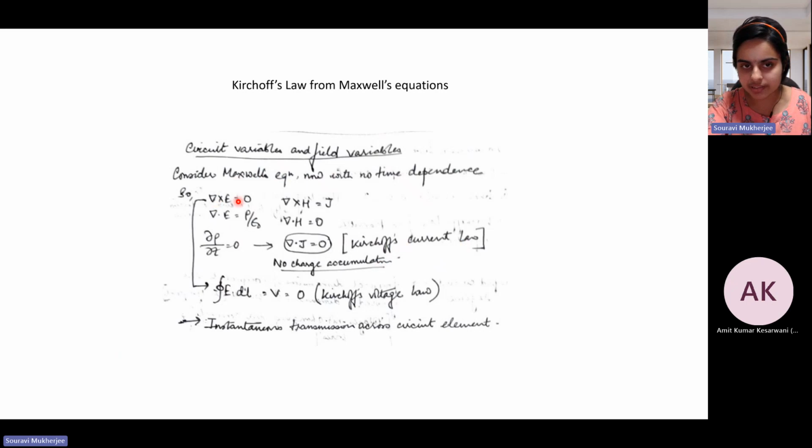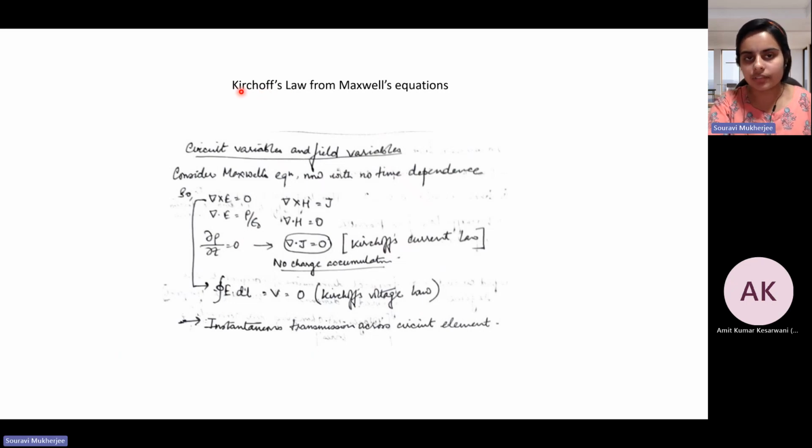Again, if you look at this case here, your del B del t is 0, no time dependence. So curl of E is 0. From here, you can use Stokes' theorem, and this is what you get. So this is again the voltage law, over a closed loop. That is essentially the same as Kirchhoff's voltage law, right? So the net voltage drop along a circuit is conserved.